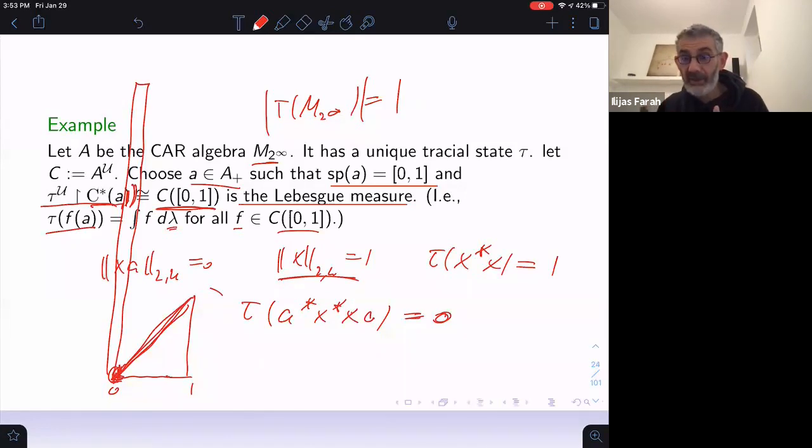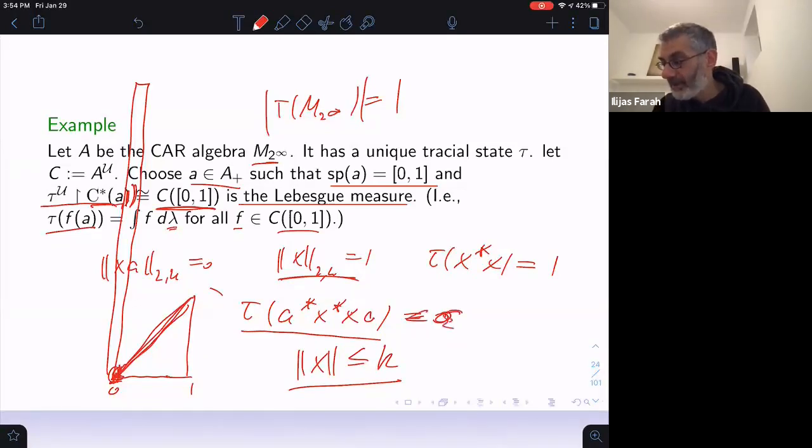And remember, this is actually the important bit, that every variable comes with a prescribed sort, and a sort is a ball to which that variable belongs. So if the operator norm of x is less than or equal to k, no matter how large k you choose, you can always find a small enough epsilon so that this tau being 0, or even being less than epsilon, will imply that the operator norm of x will blow up.